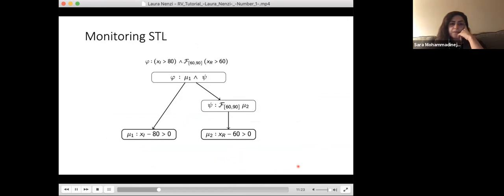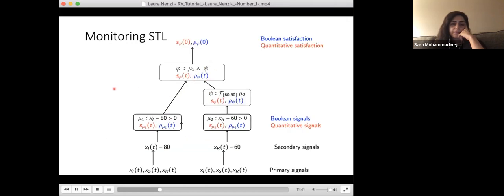How does the monitoring algorithm work? It works on the parse tree of the formula. So given a formula, you can derive the parse tree of the formula, where at the bottom you have the atomic propositions and at the top you have the whole formula. From the atomic propositions, you derive the secondary signal.